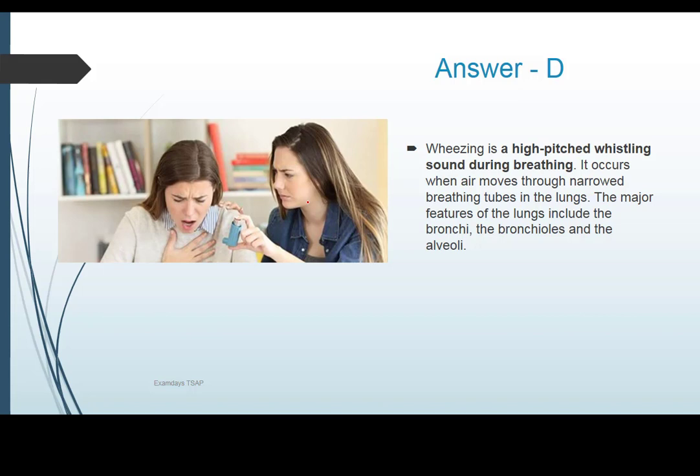It occurs when air moves through narrowed breathing tubes in the lungs, which include the bronchi, bronchioles, and alveoli.